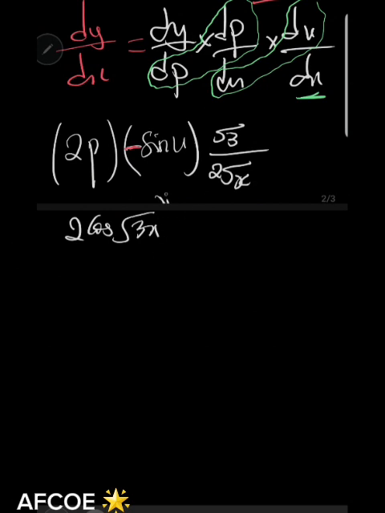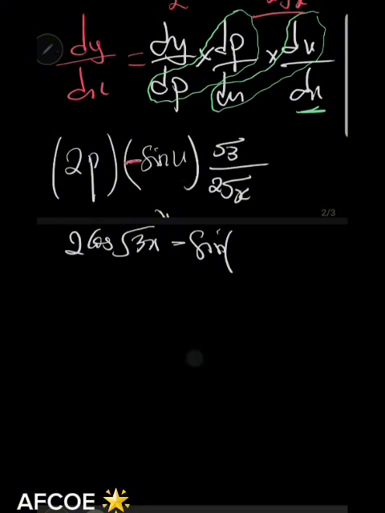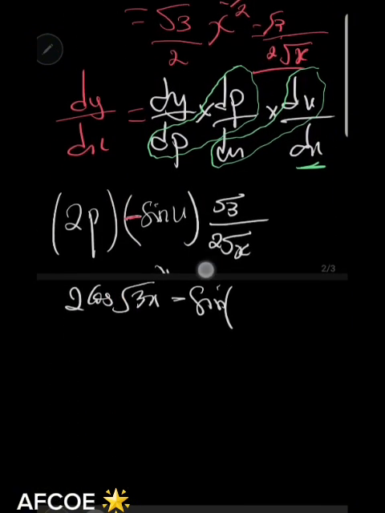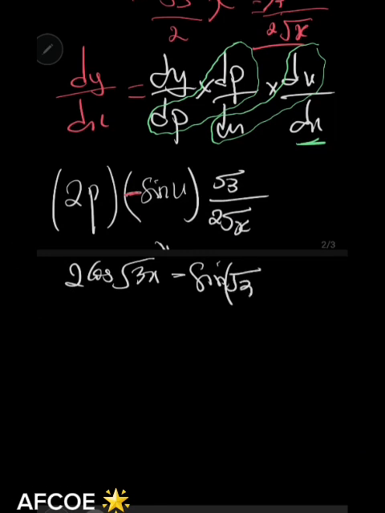Okay, we had that. Then we move to sin u. By the negative sign of what was our u, we'll then replace it inside. Our u was simply the square root of 3x. So we're having negative sin of the square root of 3x, and we then multiply with our du/dx, which is the square root of 3 all over 2 square root of x.